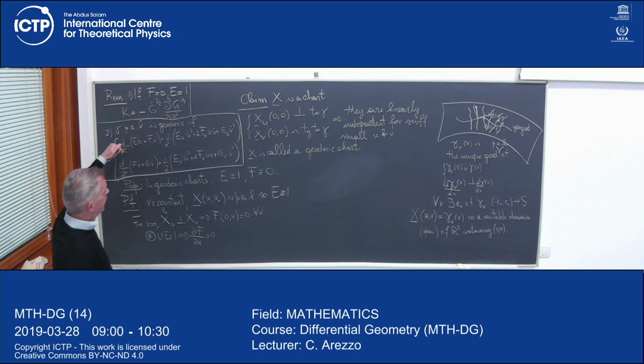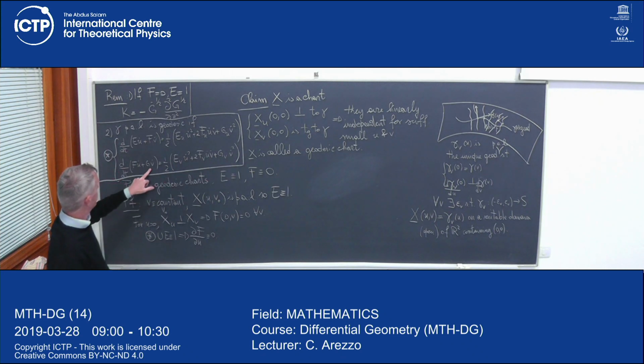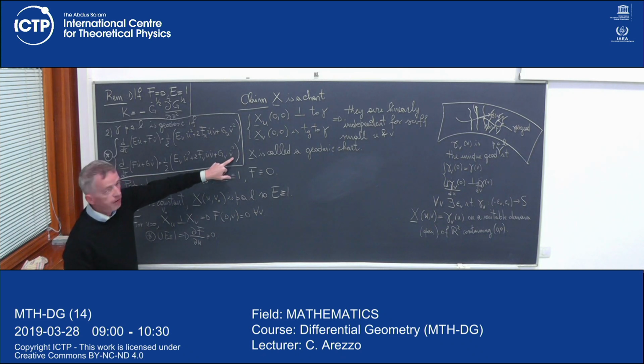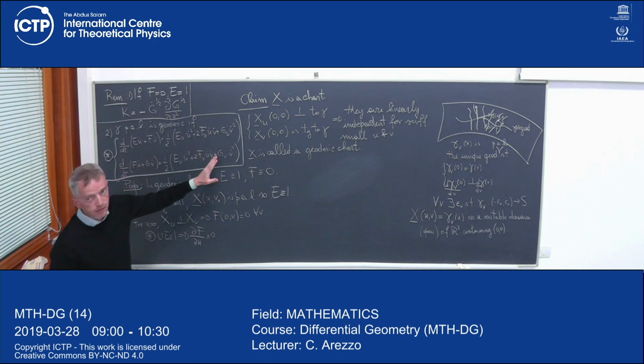So actually I should go here, but if I'm fixing v, of course this goes away, this goes away, this goes away, and this goes away too, because E is equal to 1. See, here this dies because v dot is 0. And this dies because Ev is 0. Because E is equal to 1, I've already proved it. Okay, so on the right hand side I have 0.